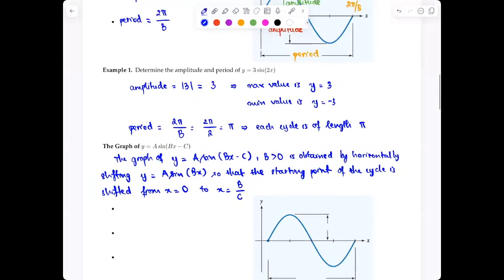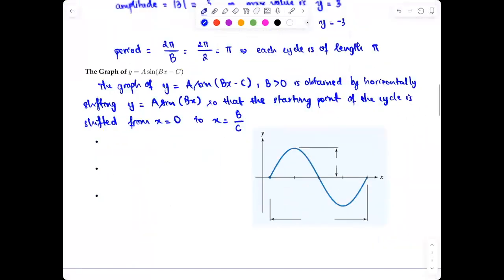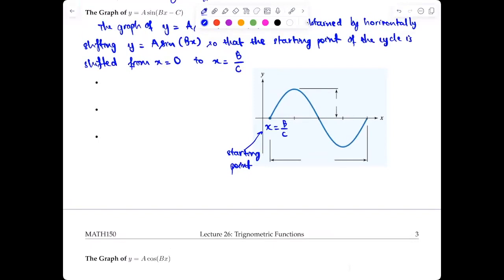You remember, so you see that now on this page you have two different graphs. For the first graph, the starting point is at the origin, but for the second graph, the starting point is shifted to the right. And this shift allows us to have a new starting point at x equal to C over B. So the explanation for this algebraic formulation is still the same as the previous formula.